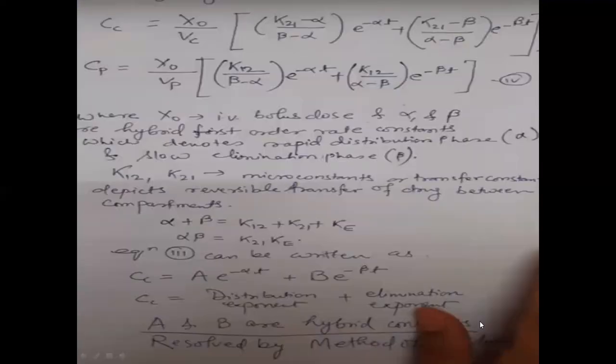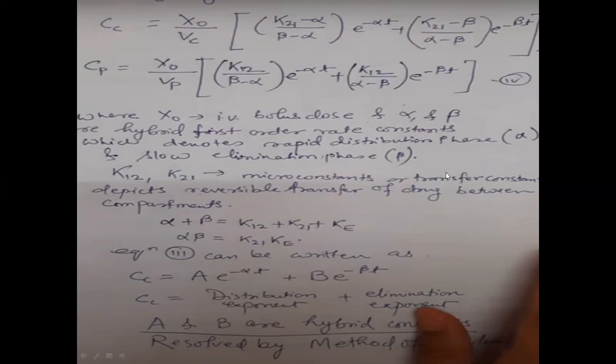Next, when you do integration, as we have done for the one compartment open model IV bolus and one compartment extravascular administration, for the central compartment rate equation and peripheral compartment rate equation, we will get this equation.